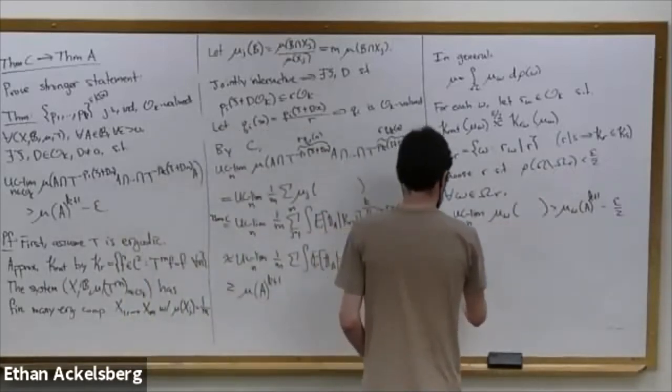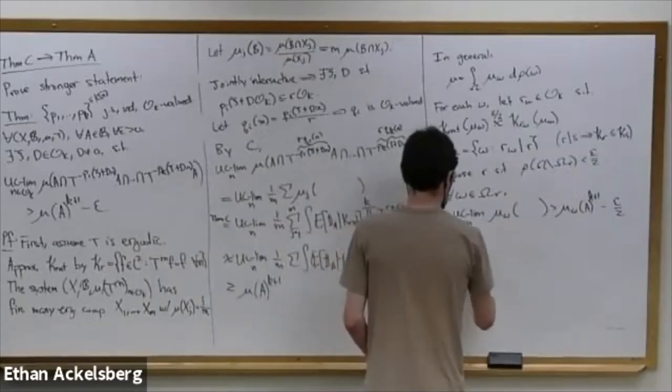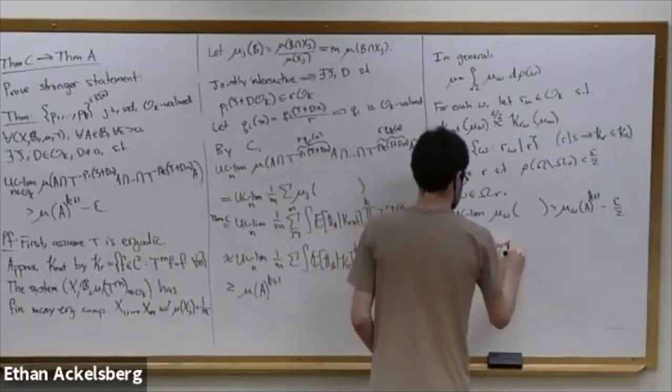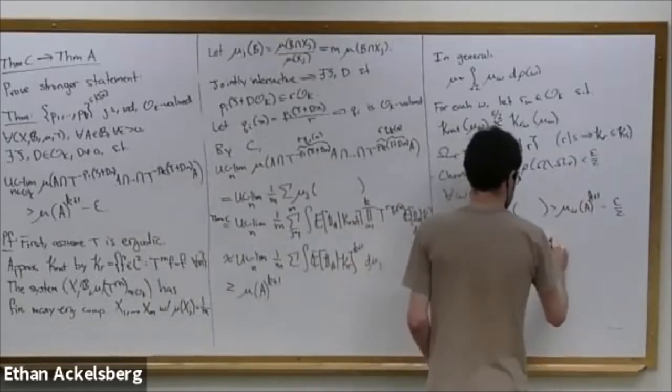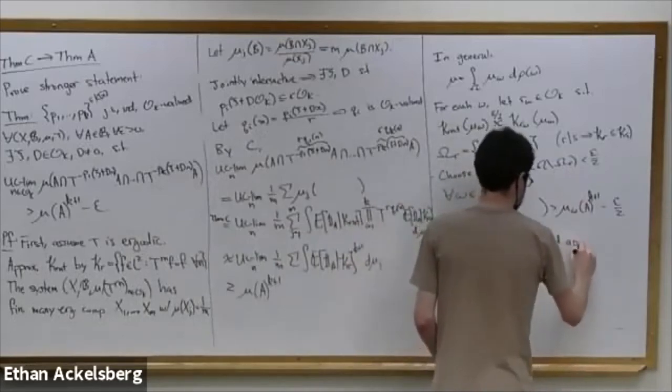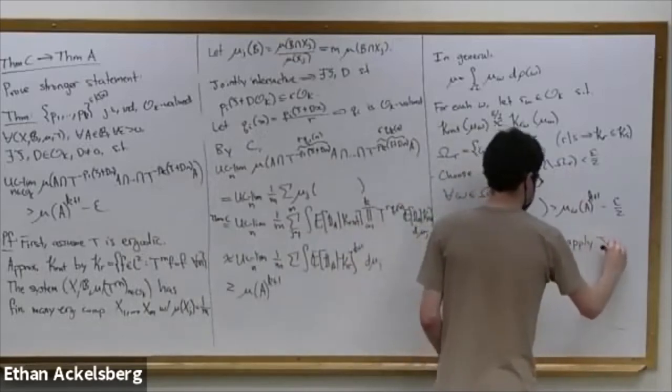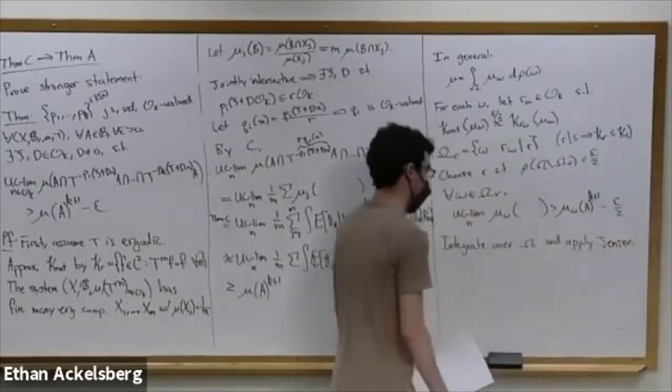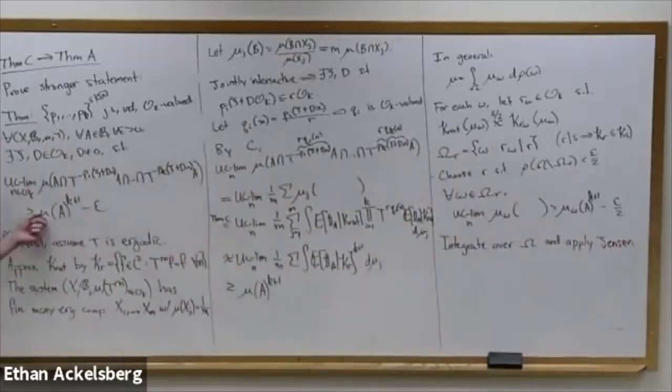Let me skip some of the inequalities, but then we just integrate over omega, and we'll do one more application of Jensen's inequality, and that will get you this inequality.